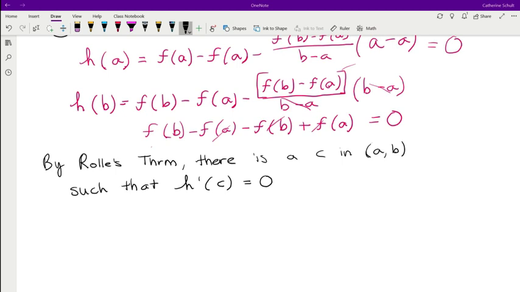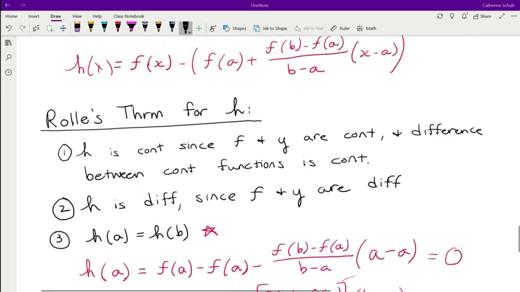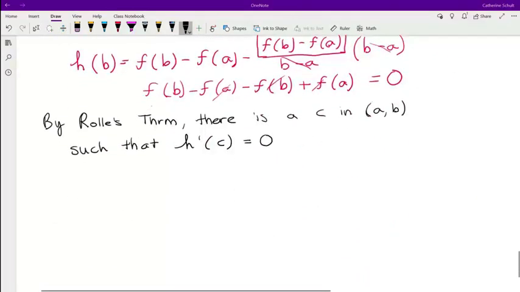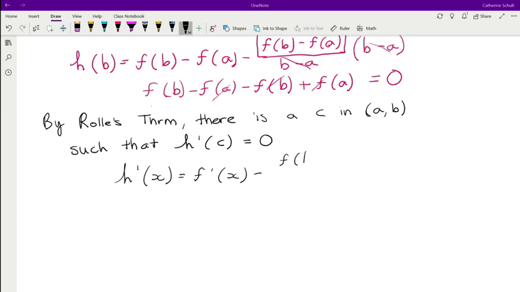So let's bring back your h of x function, and let's take the derivative since it's differentiable. So this is going to be h prime, we can take the derivative here, it's going to be f prime of x minus a constant. What's the derivative of a constant? It's just 0. And then here, this is again a constant, it's like a coefficient. And what's the derivative of x minus a? Just 1. So h prime of x is going to be equal to f prime of x minus the coefficient of your x minus a.